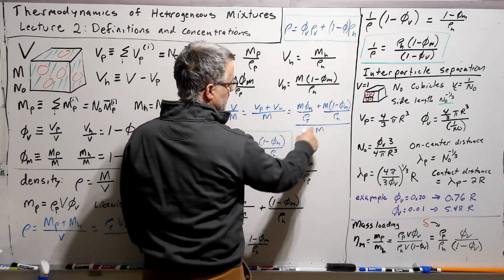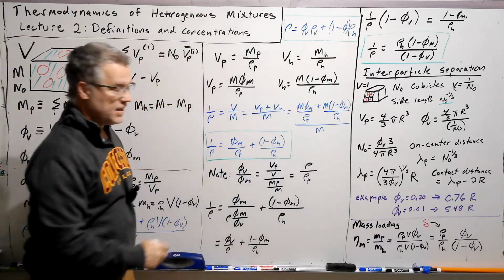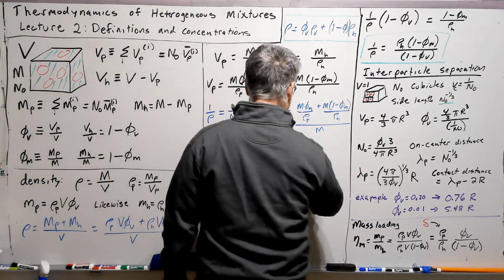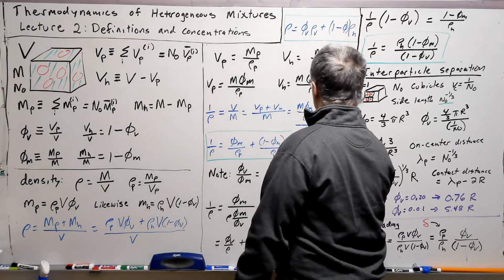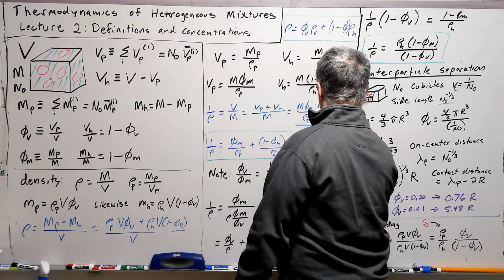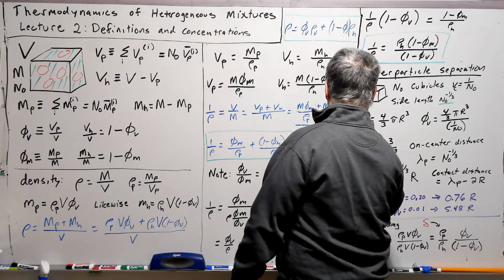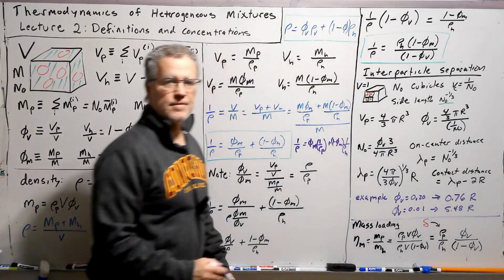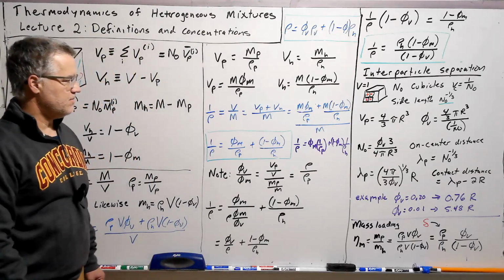We get a mass coming along just like we did over here. So the masses cancel and we get this. Maybe I should have written it like this. A weighted sum via the mass fraction here for density.